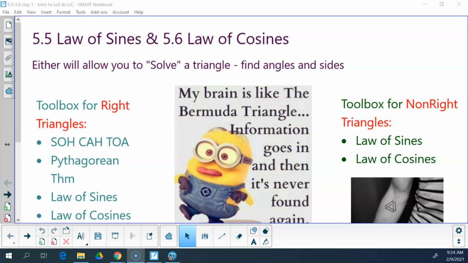Okay. So what we are going to do then is talk law of sines and law of cosines. Now you've been introduced to them back when you were in geometry. Either of them allows us to solve non-right triangles.